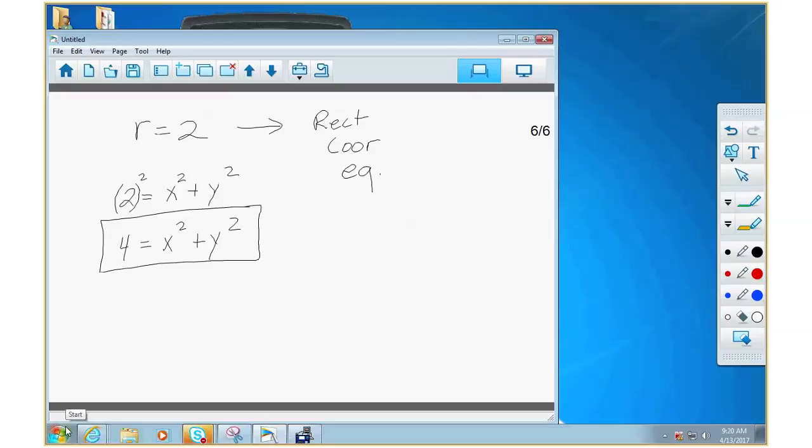So whenever you see x squared plus y squared is equal to a number, you know it's going to be some form of what? Circle. Because r is equal to 2 means that wherever there's a 2, there's going to be a what? A point.